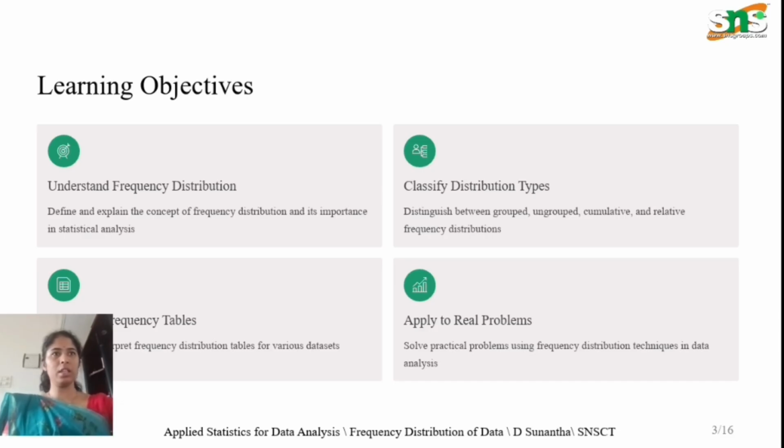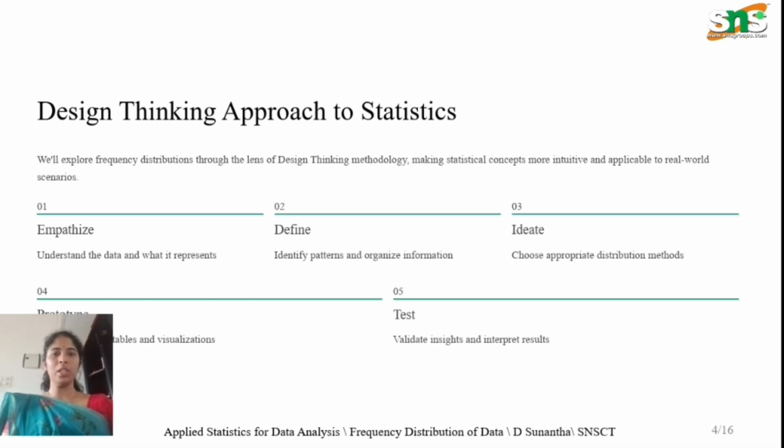Next is a design thinking approach to statistics. So before diving into statistics, let us understand how design thinking can improve our learning. As we all know, empathize, define, ideate, prototype and test are the 5 stages of design thinking. In this, understanding what the data represents is the empathize part.